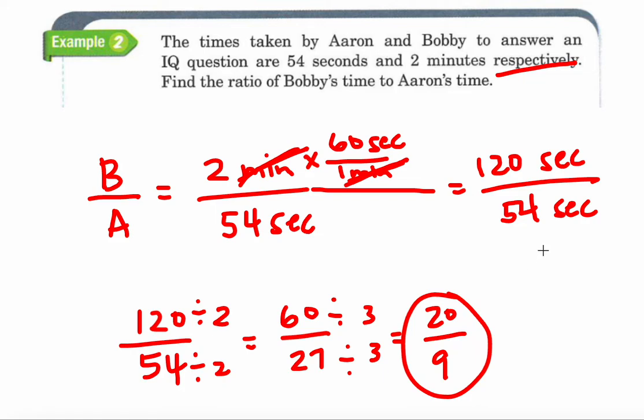So yeah, Bobby took a little more than twice as much time as Aaron, because 9 times 2 is 18. Bobby took 20 seconds for every 9 seconds that Aaron took. So a little more than twice the amount of time if we're comparing.